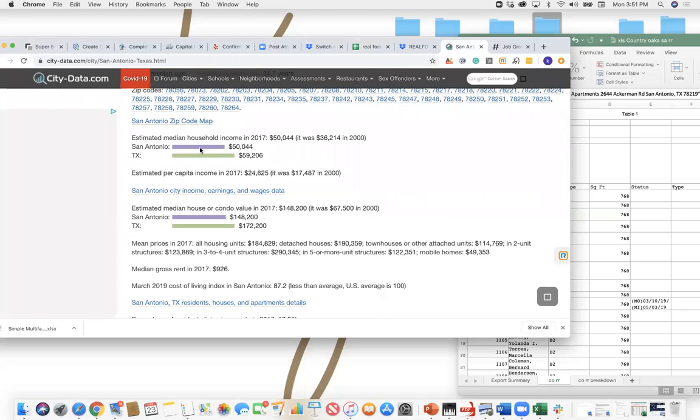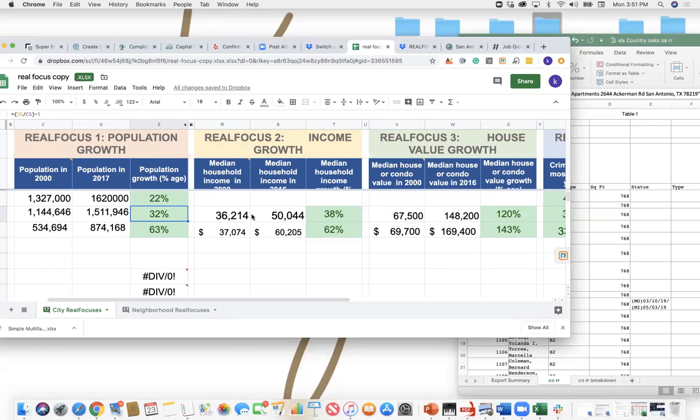Oh, sorry, household income, my bad. I was wondering why these numbers were off. So $50,000, and it was $36,214. That gives you a delta or a change of 38% for income growth.